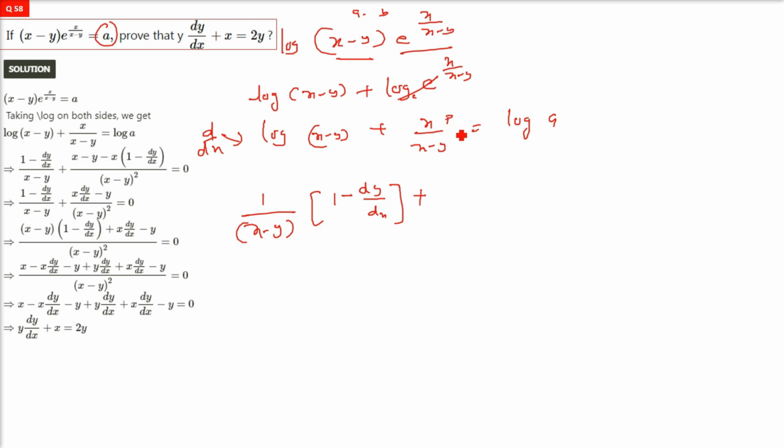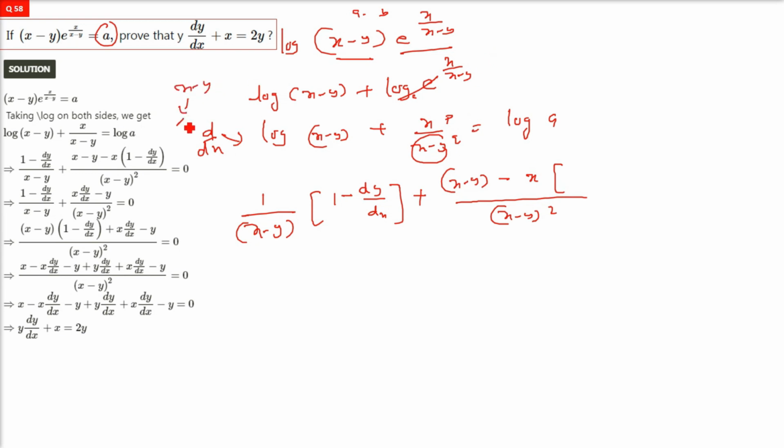It is of p by q form, so we will use the quotient rule. The denominator is x minus y whole square. In the numerator, x minus y times d by dx of x, which is going to be 1, and then minus x times the differentiation of x minus y, which we have already done: it is 1 minus dy by dx.